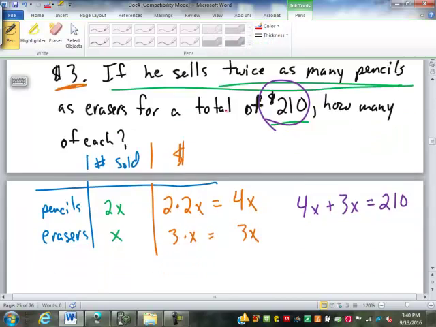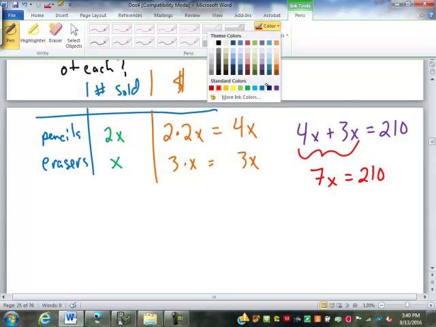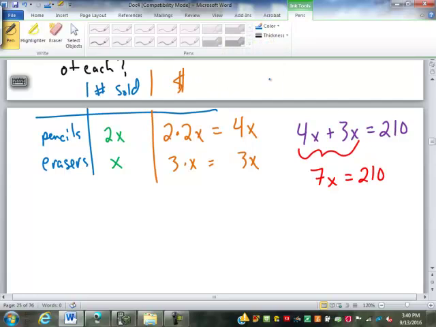Now what? Combine 4X and 3X make 7X. Good. And then did somebody say divide? Divide by 7.